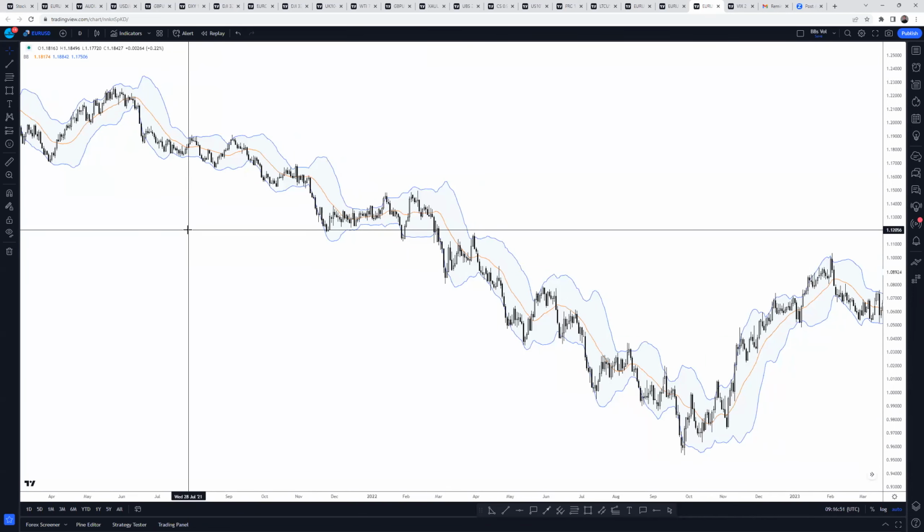It's just an average of, in this case, the 20 previous daily closes. So anyway, it's very clear that we are in a downtrend at this point, right? We have a lower low, lower high, lower low, lower high, a series of lower lows and lower highs. This defines a downtrend.